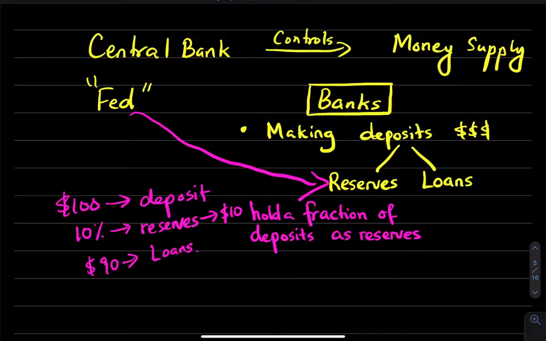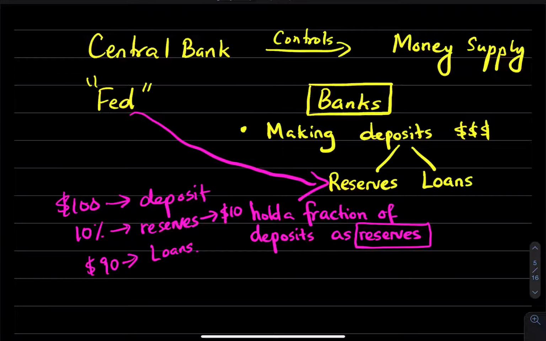Okay, you're not going to need all of your $100 at once, and the bank actually relies on this principle that most people don't require all of their money all of the time, and so they are able to make loans and hold some fraction of deposits as reserves. So reserves are just deposits that banks have received but have not loaned out yet.